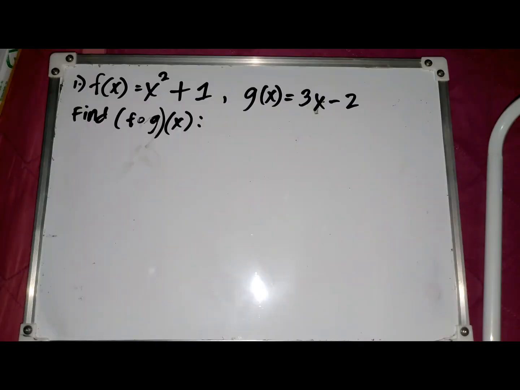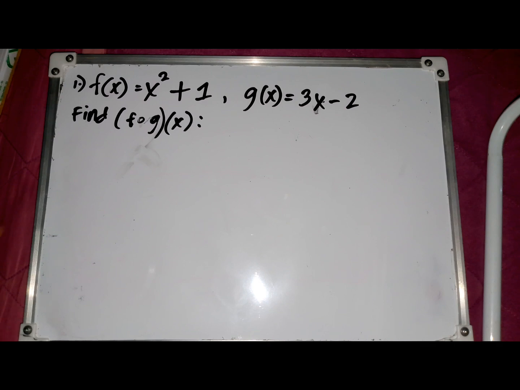Example number 1. f of x is equal to x squared plus 1 and g of x is equal to 3x minus 2. We need to find f composed with g of x.